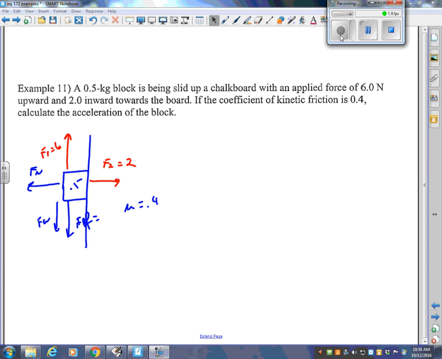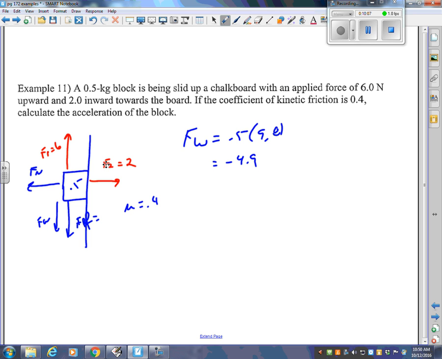I'll go through it quick here. First of all, the weight force is 0.5 times 9.8, which is minus 4.9. So that means that our F net y, well, I have to know what the friction force is, right? Mu equals Ff over Fn. My Fn is actually equal to my F2 here.